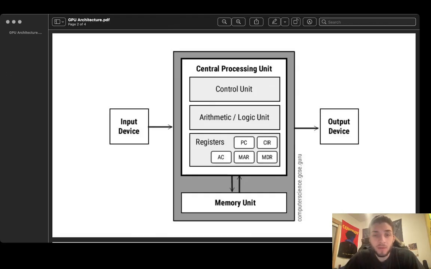Then afterwards, the results of these computations, whether they be instructions or values themselves, are stored within registers, and then these registers that hold these instructions or these results are then stored in memory for future use in computations, and then this exchange between memory, registers, control and logic units, and arithmetic units as well that are used for computation is a constant cycle. It's cyclical.